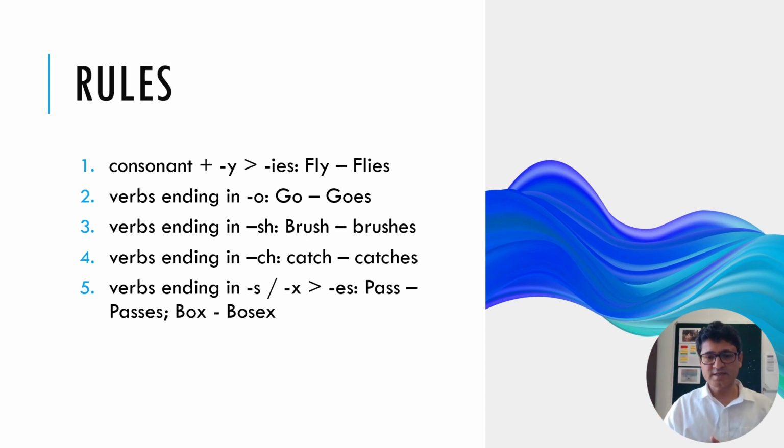Cache, caches. And if there is ch, you'll put es. Catch, catches. Watch, watches. If there is s or x with the verb, you'll use es. Pass becomes passes. Box becomes boxes. Sorry for the misspelling. It should be B-O-X-E-S.